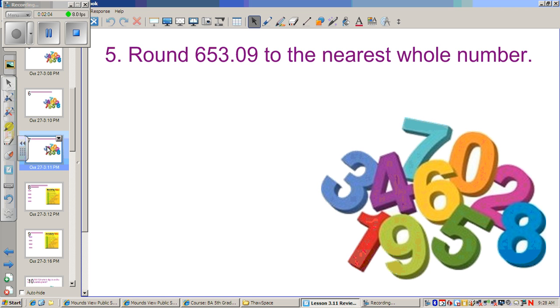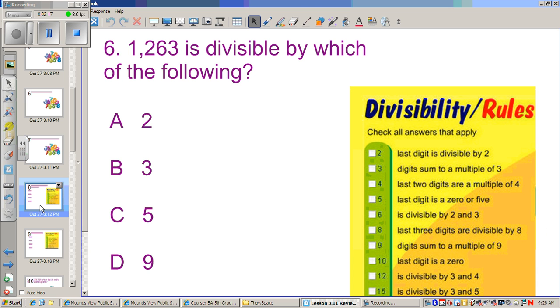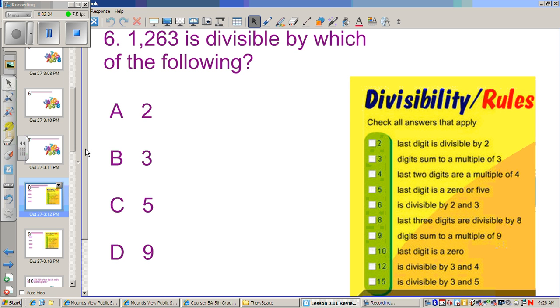Number 5 says round 653 and 9/100ths to the nearest whole number. And moving along to number 6, we have the divisibility rules, and I did put those on here so that it would help you a little bit, okay?